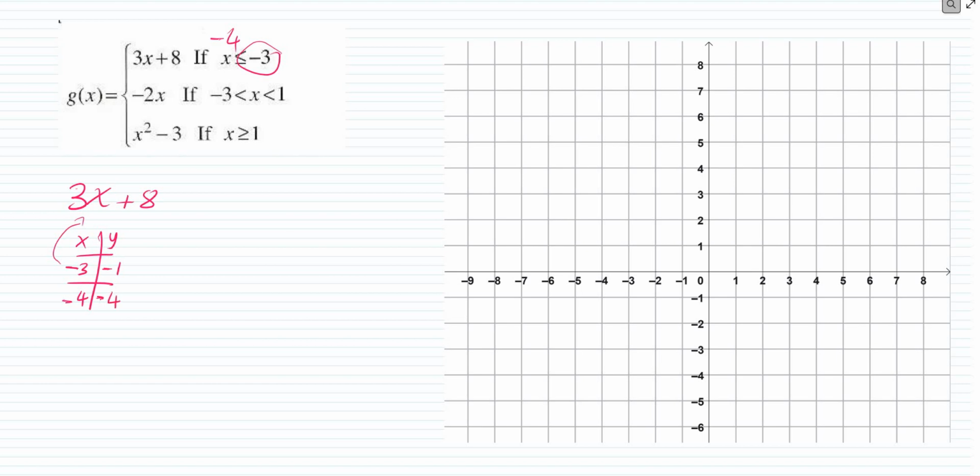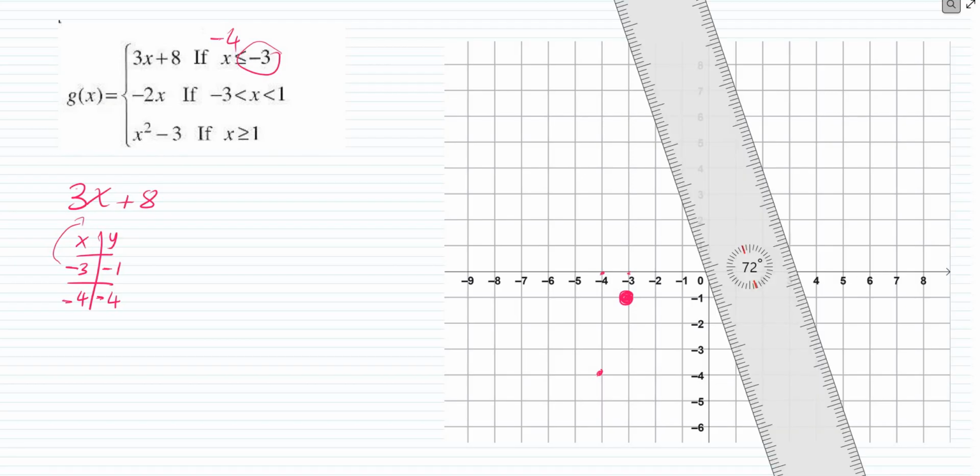So plot these values on the coordinate plane: negative 3 and negative 1. This is negative 3 and negative 1, so draw a circle here. Since we have an equal sign, we will shade it. The other point is negative 4 and negative 4. This is negative 4 about x and negative 4 about y, so it's going to be here.